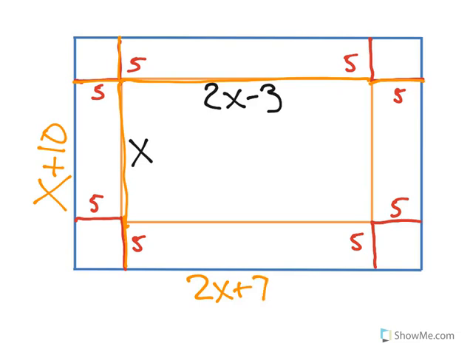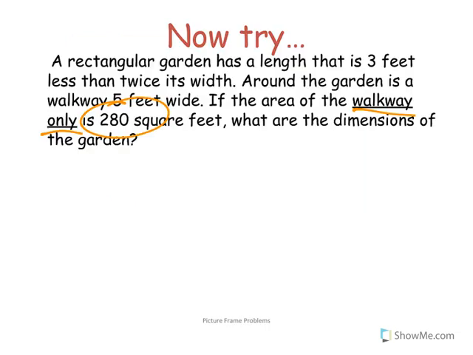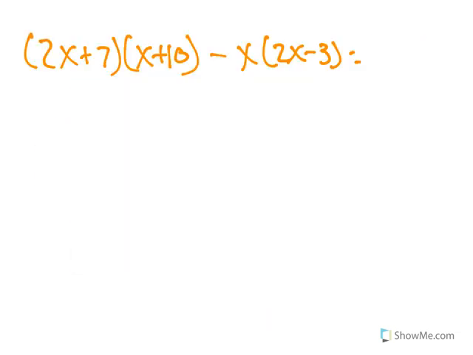It should be 2x plus 7, right? 2x minus 3 plus 5 plus 5 is 2x minus 3 plus 10, which is 2x plus 7, times x plus 10. All right, so 2x plus 7 times x plus 10, that's the area of my outside. Subtract my area of the inside, which is x times 2x minus 3. Equals the area of the walkway, which they're giving us as 280.